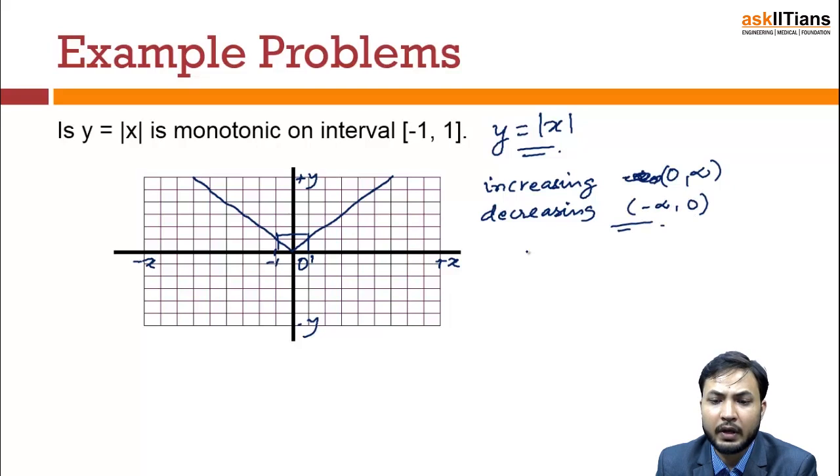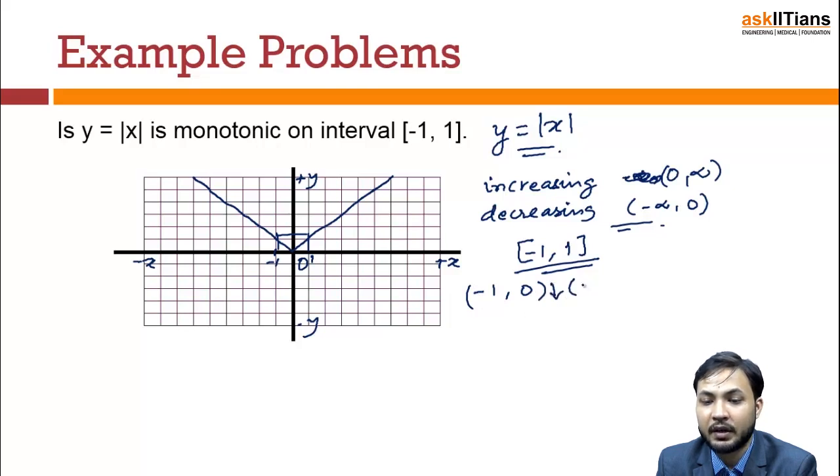So in the intermediate zone, that is the zone that we need to calculate in this part, the function first is decreasing from minus 1 to 0, and then it becomes increasing in this domain.